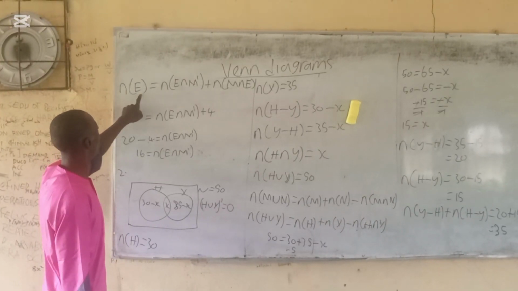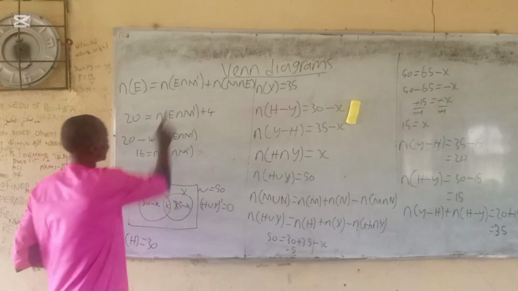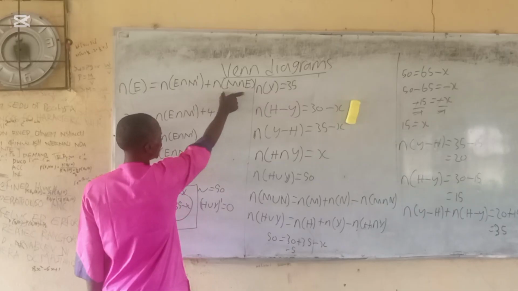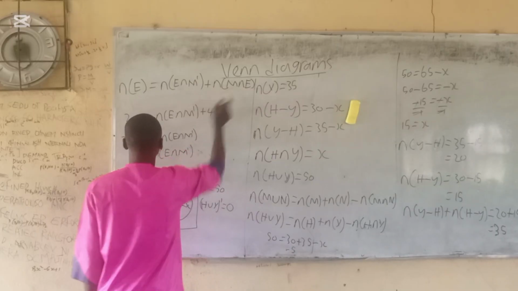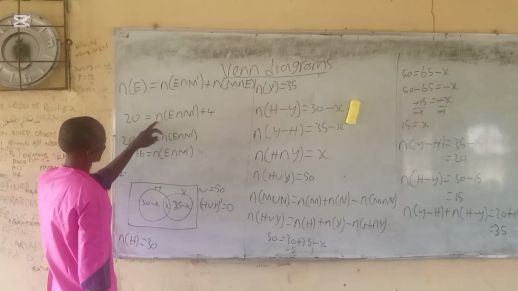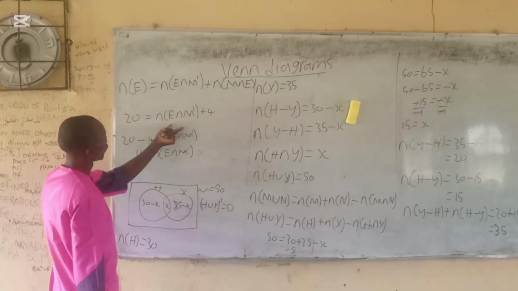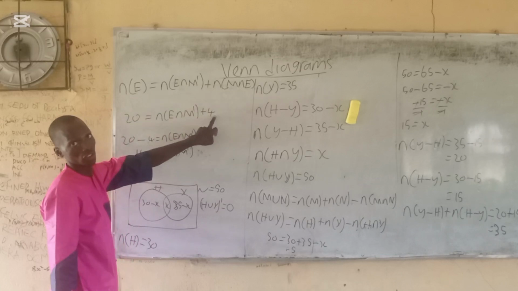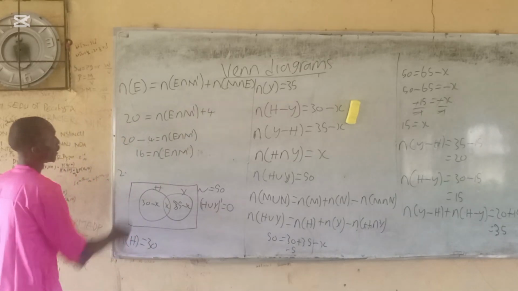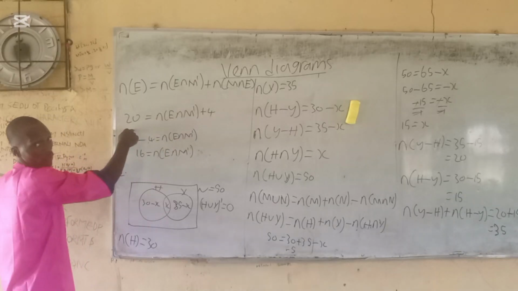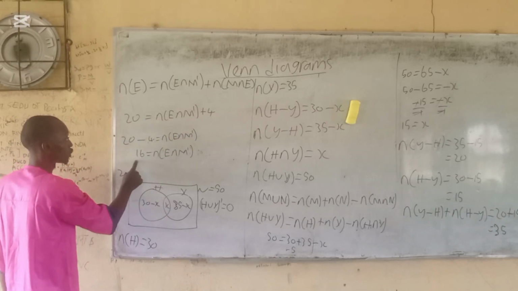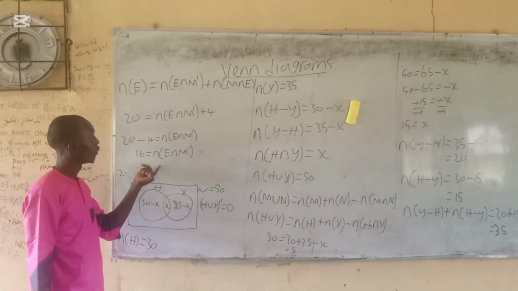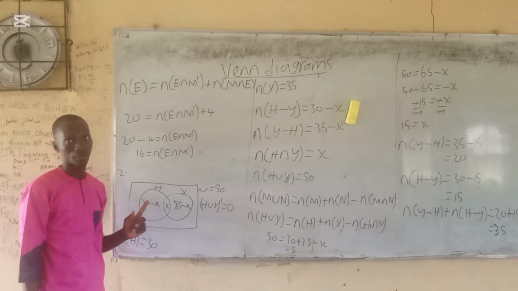So the number of economics is equal to the number of people that do economics only plus the number of people that do the intersection of economics and mathematics. Then this is 20, added to the number of people that do economics only, which is not given yet. We know this intersection is equal to 4, so we put 4. Good. Then from there, we take it over to the side, collecting items. 20 minus 4 gives us 16. So 16 people do economics but not mathematics.